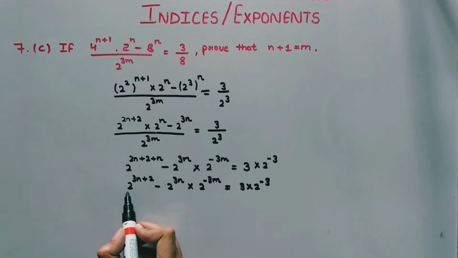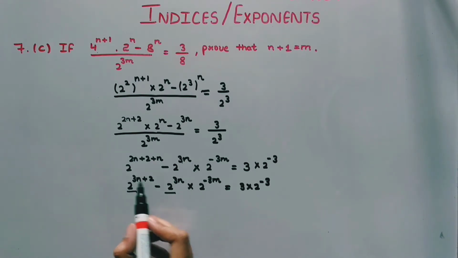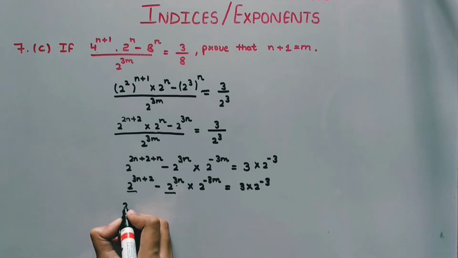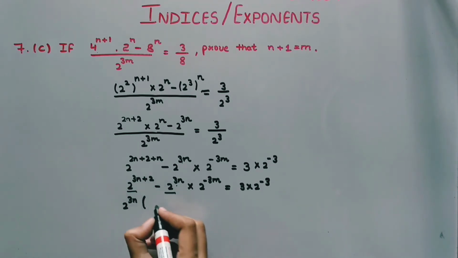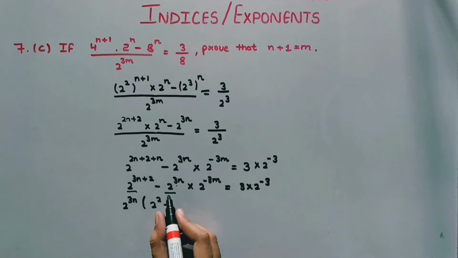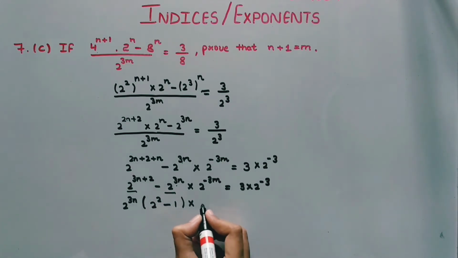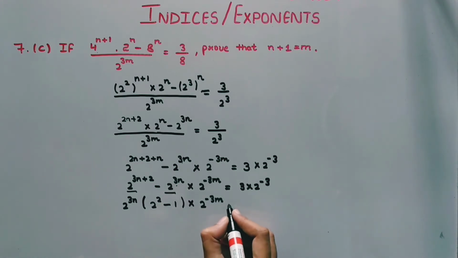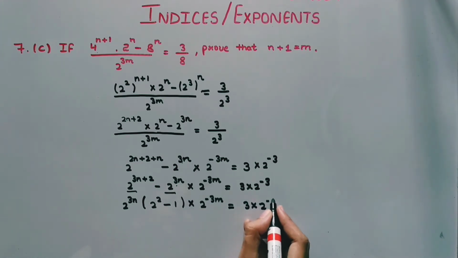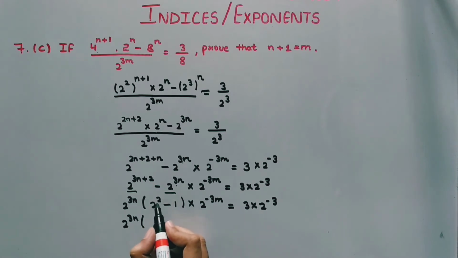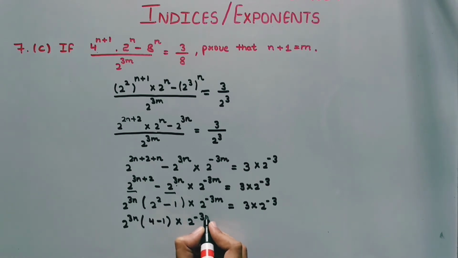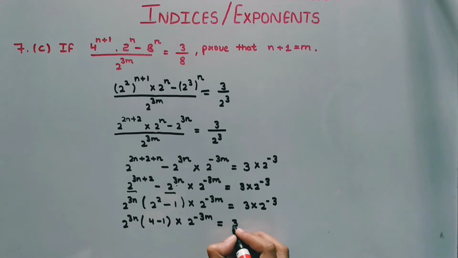Now from these both terms, 2 raised to power 3n is common. So here 2 raised to power 2 is left, because we have taken 2 raised to power 3n as common, minus here this is 1 multiplied by 2 raised to power minus 3m, that is equal to 3 multiplied by 2 raised to power minus 3.